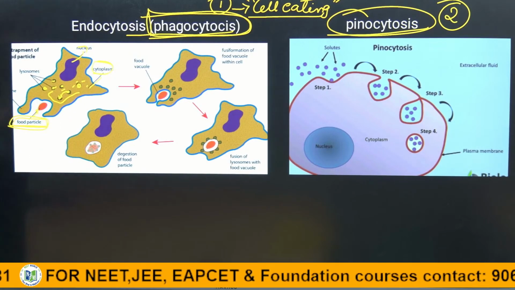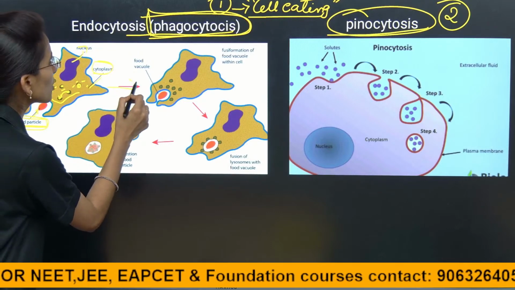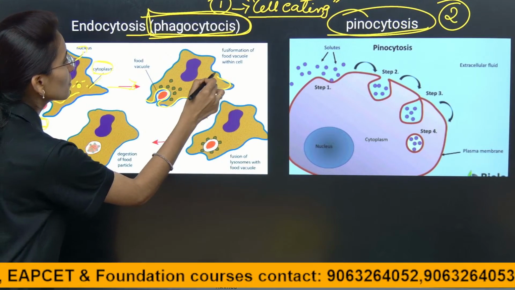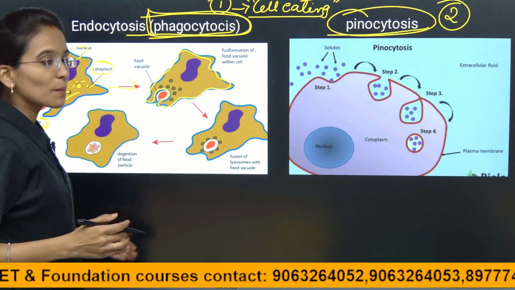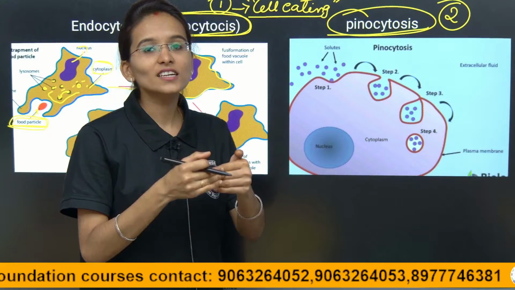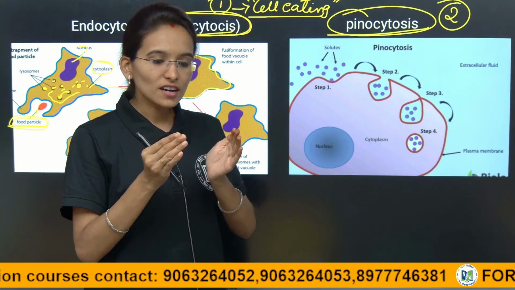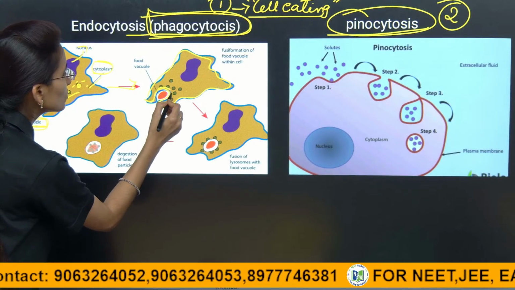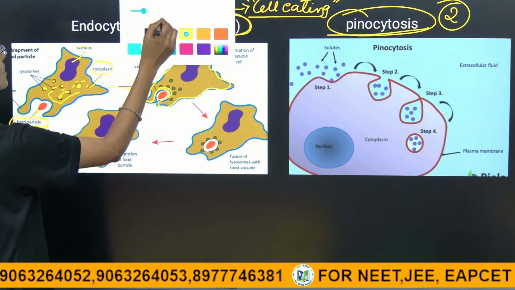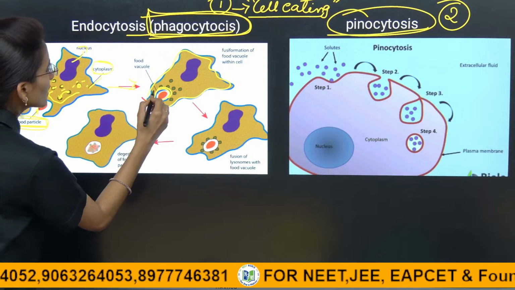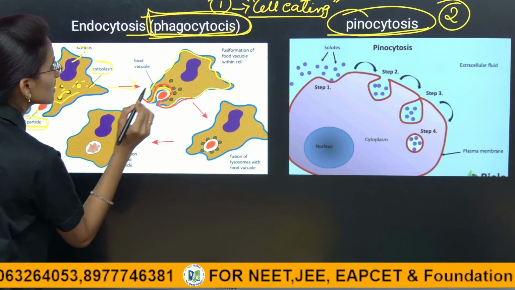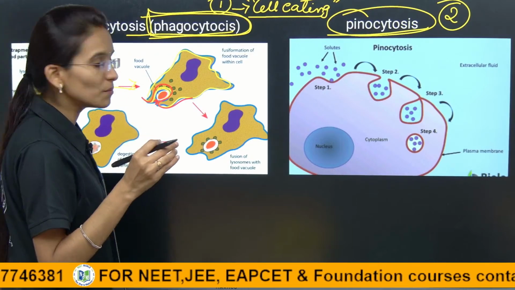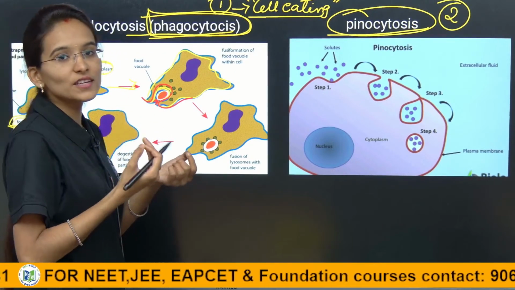So here is the food particle. In the next process, this will be the plasma membrane of this amoeba. The plasma membrane will invaginate the food particle. It will cover the entire food particle. Can you see here? It is going to invaginate like this. In between here we have some small cleft or gap-like structure.